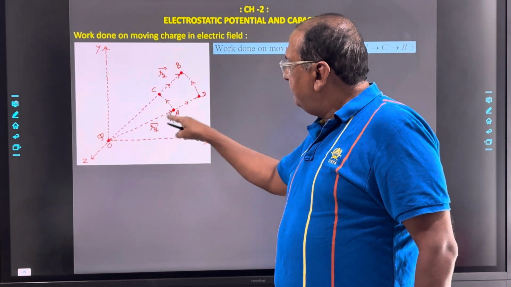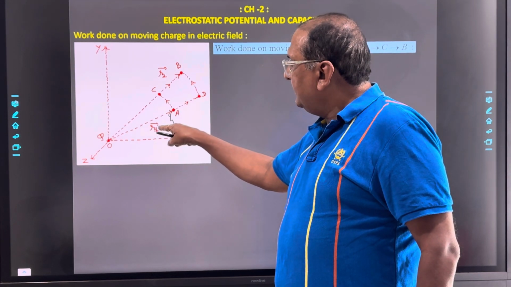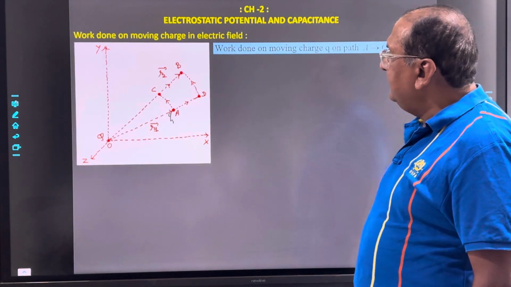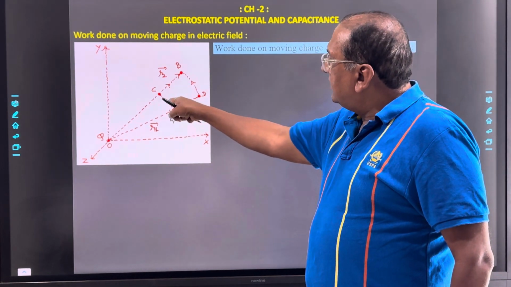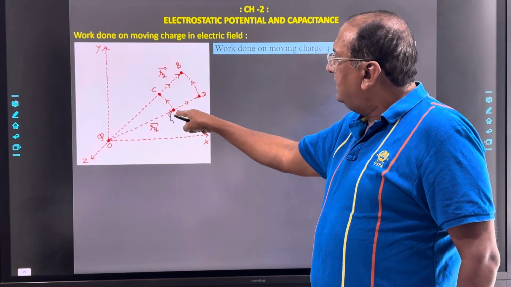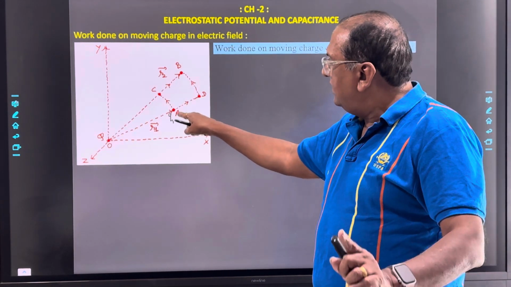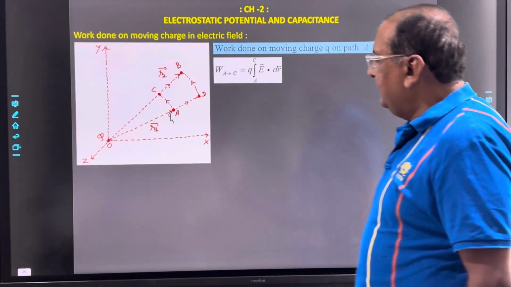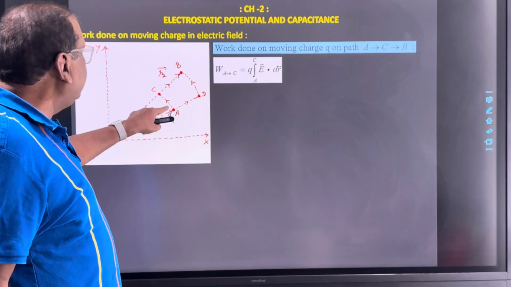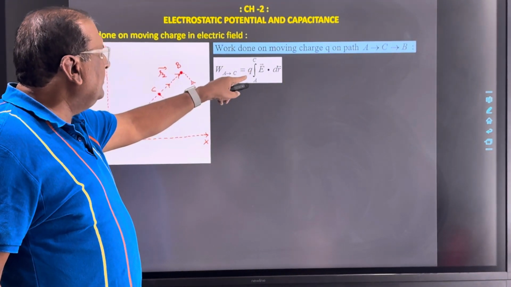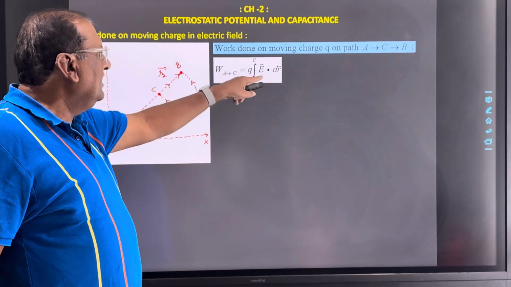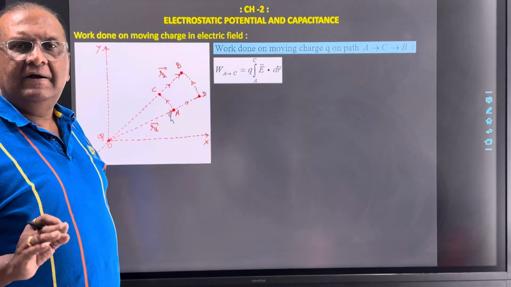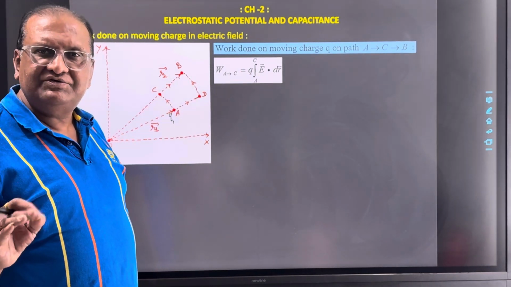Now Q to A, this position vector is R1, so the distance O to A is R1. So on the curved path having radius equal to R1, charge small q is moved from A to C. First we will calculate the work done on moving charge small q from A to C. That is q integration A to C E dot dr, because after all E is nothing but the force acting on unit positive charge.